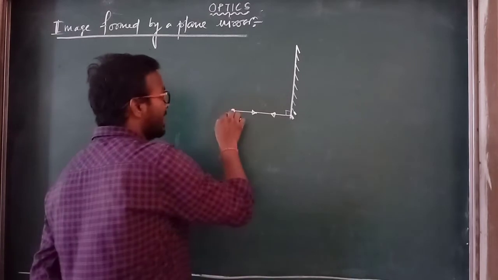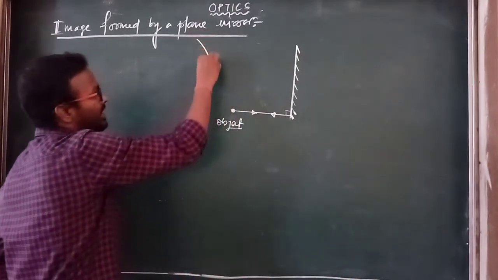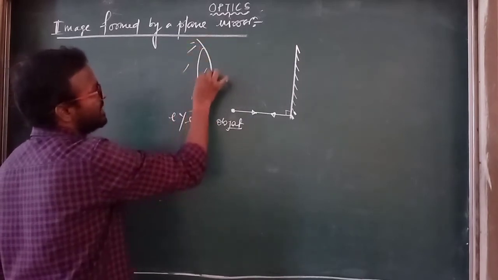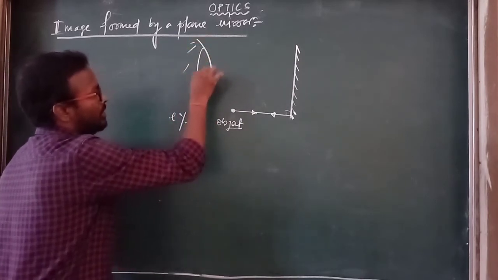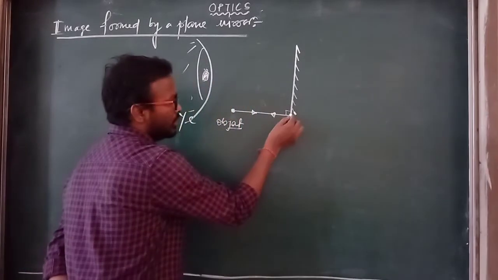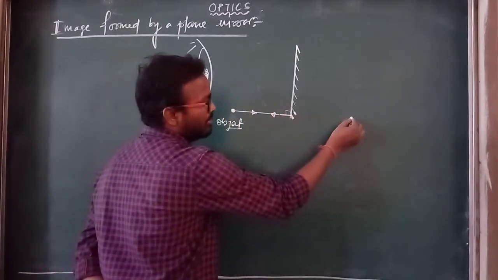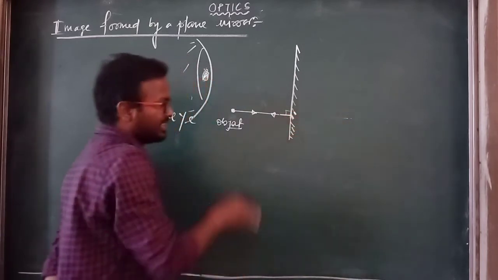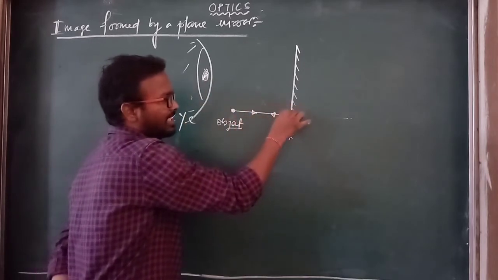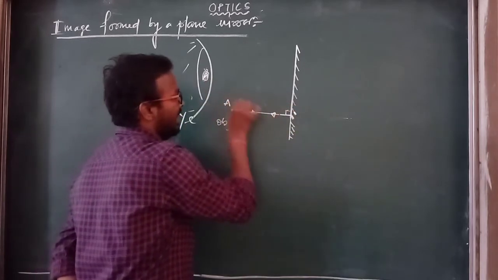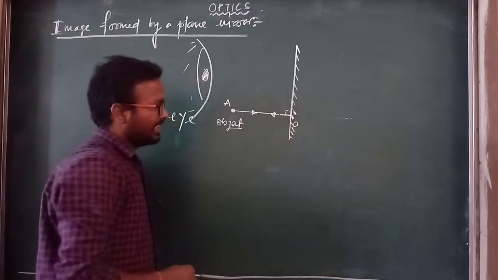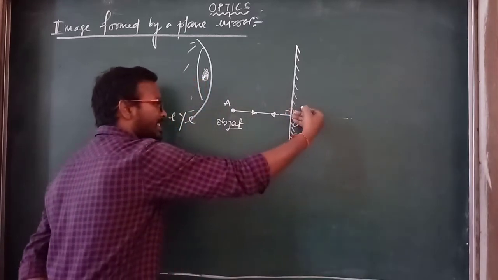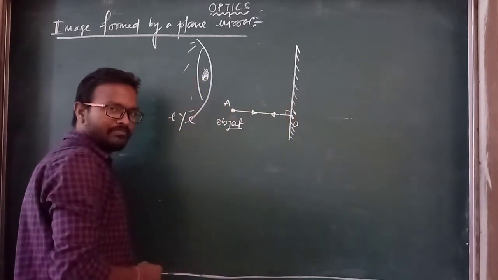If we observe from this side, suppose this is our eye, it seems that the reflected ray is coming from this direction. If this is the mirror, and this incident ray strikes normally at this point, suppose A, and this point is O, then the ray is completely returned back to the same medium.